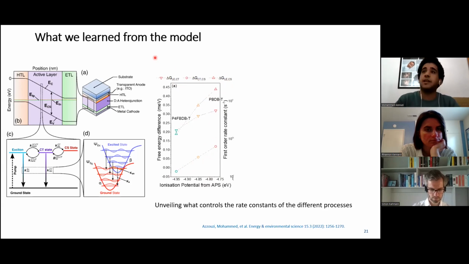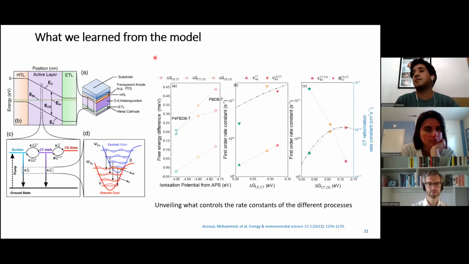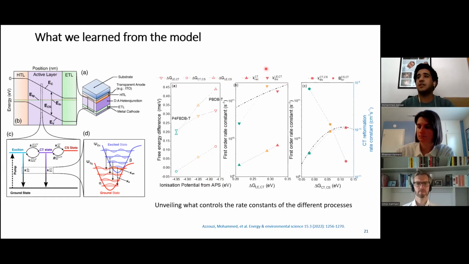The other thing that we can try to extract from this is how, for example, the rates of dissociation between LE and CT can be affected by the difference in energy between CT and LE, and whether we can think of a way to model this relationship.